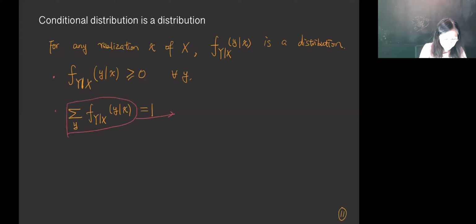So this is because the sum of the conditional probability mass function equals the sum over y of the joint probability mass function divided by the marginal of the conditioning variable.